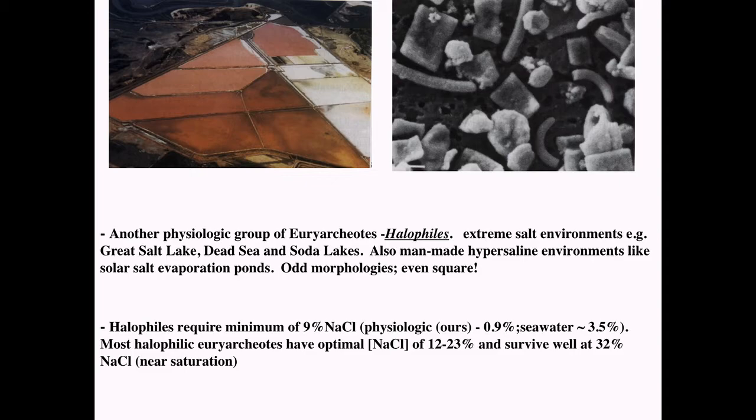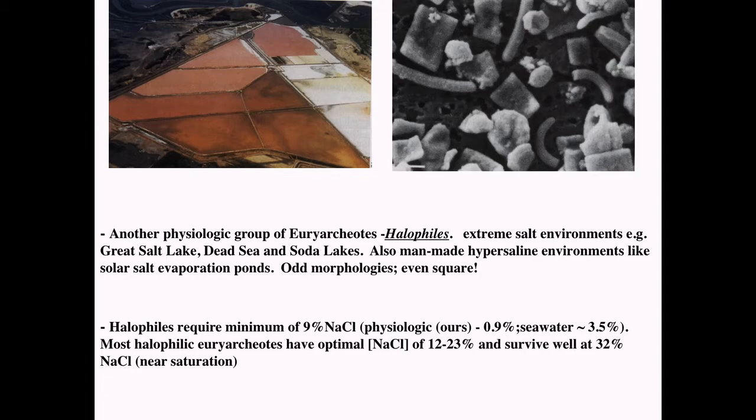So these are called halophiles, salt-loving members of the archaea. These are ecologically a relatively restricted group of microbes. There aren't many places that have very high salt concentrations in the environment, because these halophiles have a minimum requirement of 9% sodium chloride.